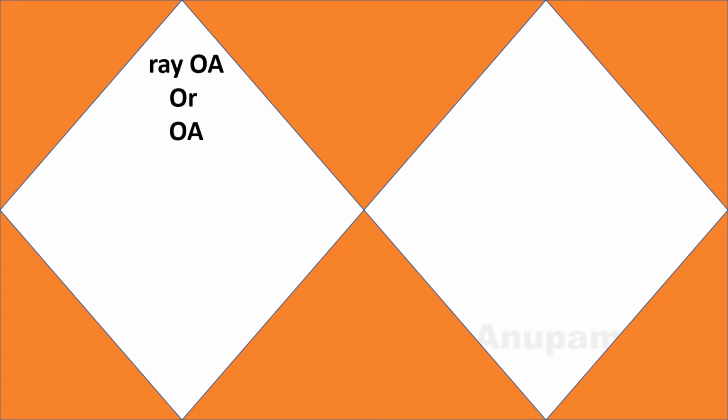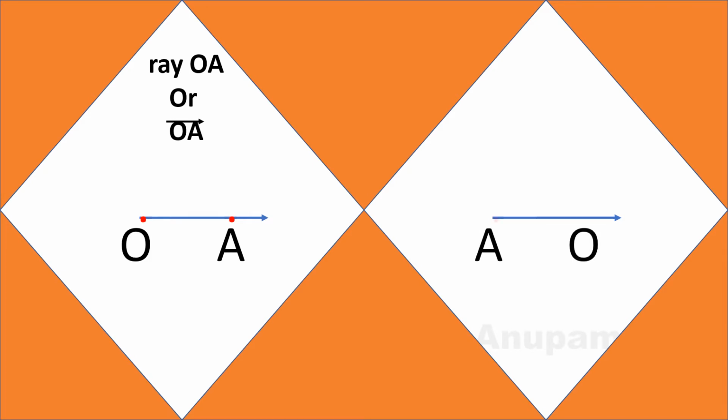Now I'm going to draw ray OA. How? Let us see. O is the starting point of this ray and A is a point which is on the ray. Here is one more ray which starts from point A and O is a point on this ray.